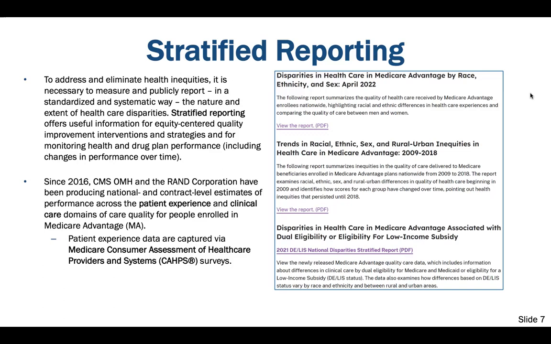They've had interest in differences by sex, by urban and rural residents, by characteristics that include disability, dual eligibility for Medicaid, and often intersections of these characteristics. And so if you're interested in some of the findings, you can go to their website and see some of these reports that are produced every year, and the scope and quantity of these have expanded.